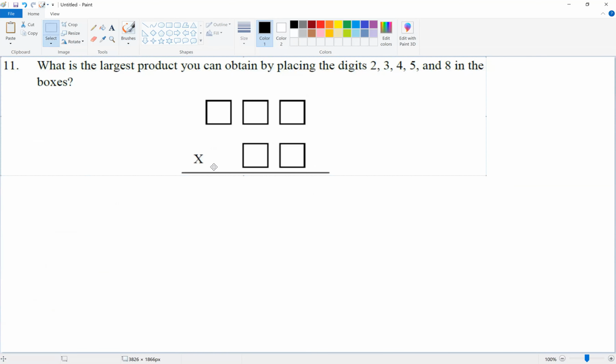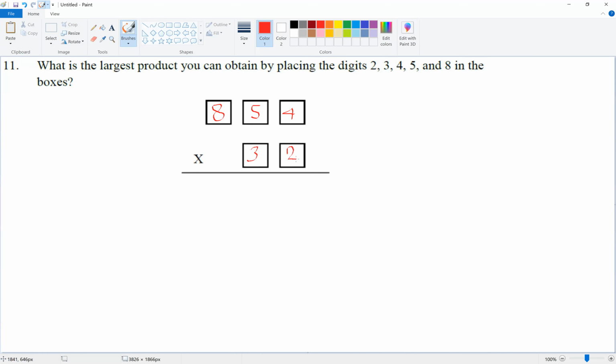All right, Samuta, number 11. What is the largest product you can obtain by placing the digits 2, 3, 4, 5, and 8 in the boxes? For the 3-digit number, I did 8, 5, and 4, and for the 2-digit number, I did 32.